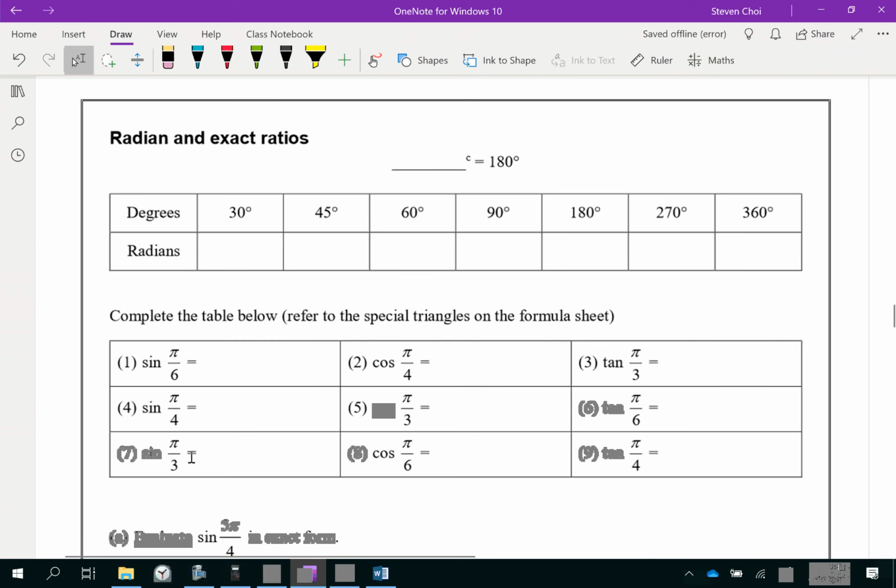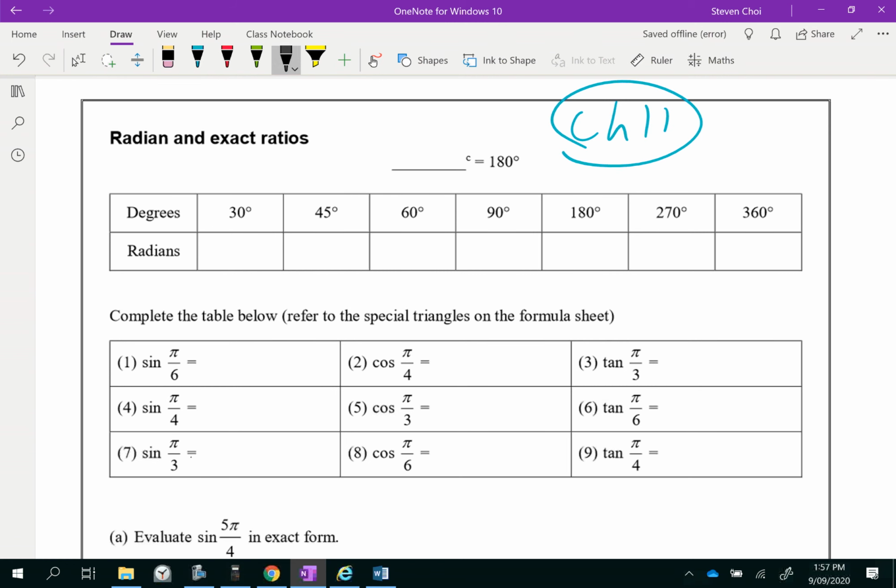Radian and exact ratio. This is chapter 11. So let's quickly revise this. First one, radian. You have to memorize these special angles. So pi is 180 degrees.